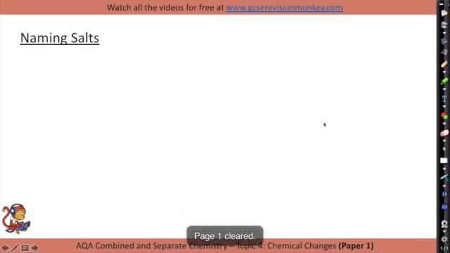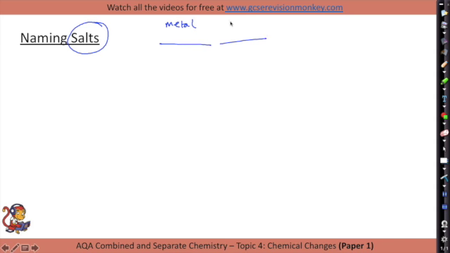For the next reactions, many of them will produce something called a salt. So let's talk about how we name salts first of all. We name salts in two parts. They will have one part that is the metal that's in the salt, and the second part will depend on the acid. So there's three acids that you need to know about in particular.